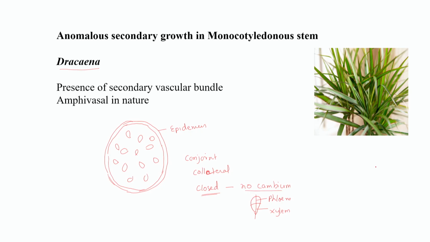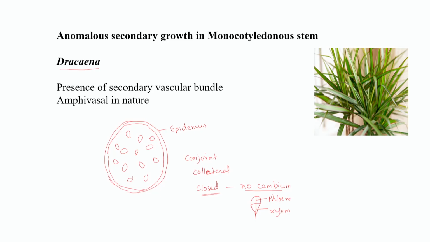If cambium is absent, definitely there won't be any secondary growth, and that is applicable in many monocots. But in Dracaena, if you have seen that plant, you could observe that it has a somewhat thick stem, a bigger stem compared with other monocots like wheat, grasses, rice.